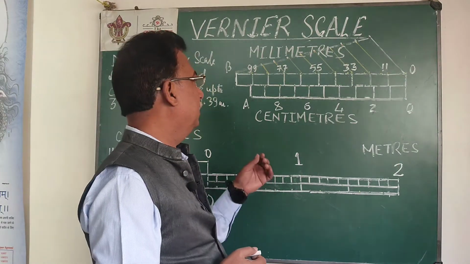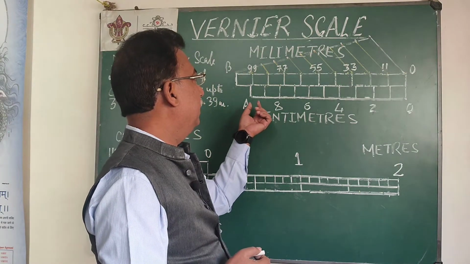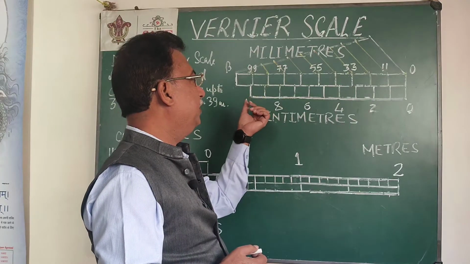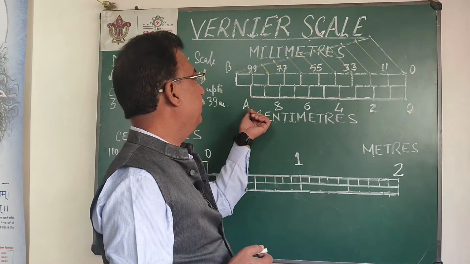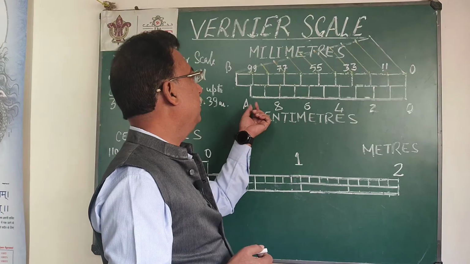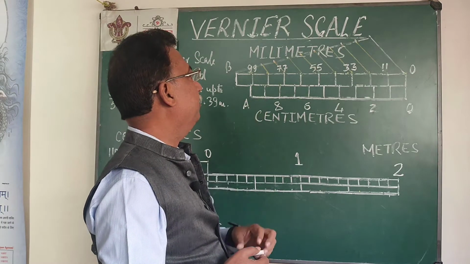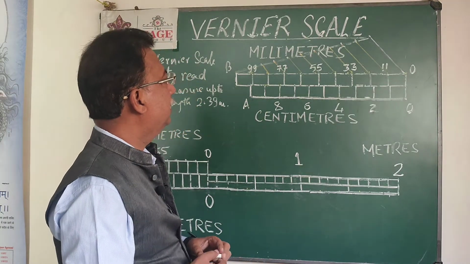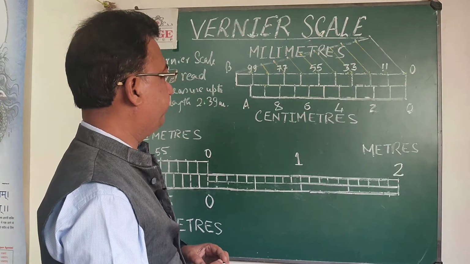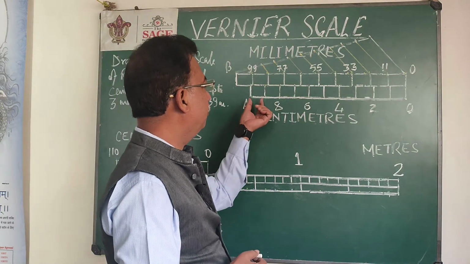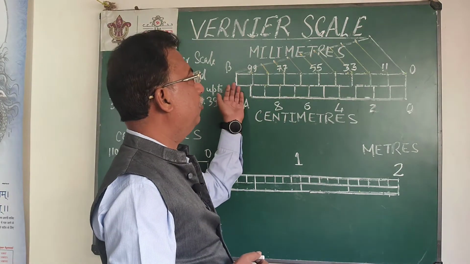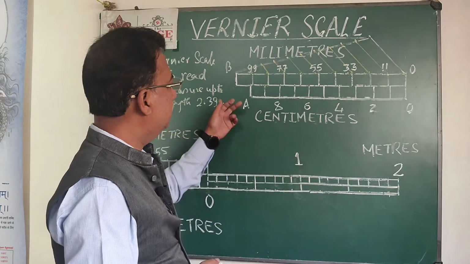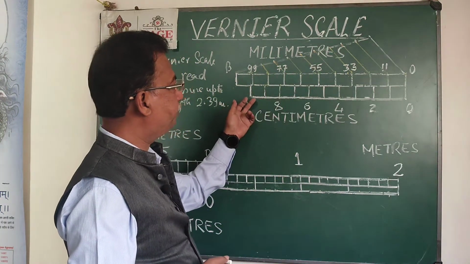If that part is very small and we cannot subdivide it into subparts, then instead of dividing this small part, we will draw a vernier scale just above the primary scale.